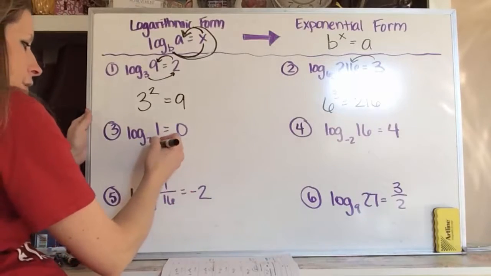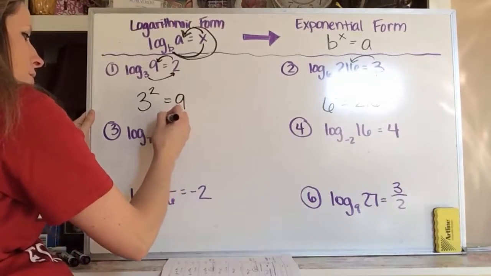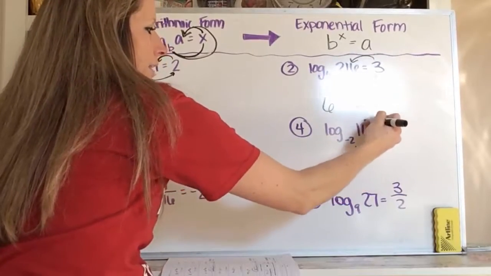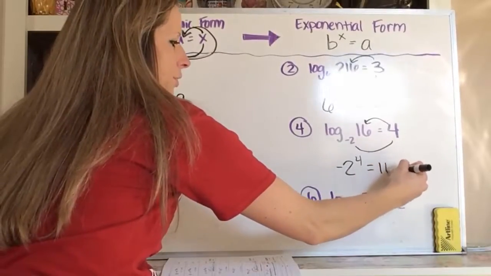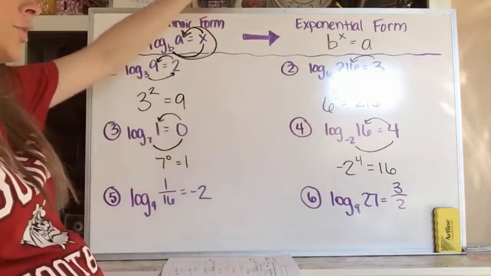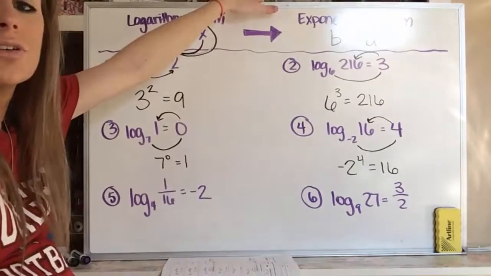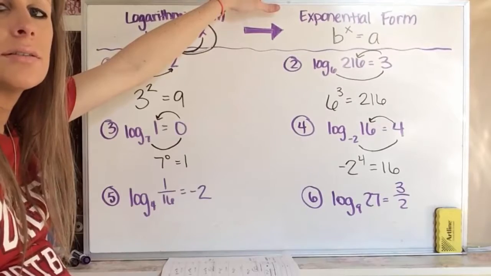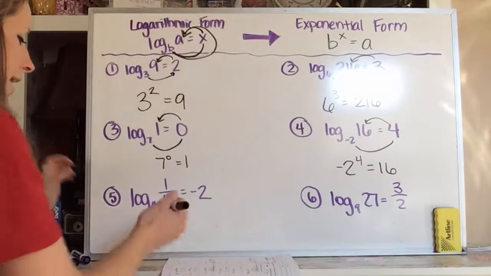Number 3, start with your base. 7 to the 0 power equals 1. All we're doing is rewriting in exponential form. We're not solving anything. Number 4 would be negative 2 to the 4th power equals 16. Sorry, there's number 2. I don't think y'all could see it before. 6 to the 3rd power equals 216. Number 5, same thing.